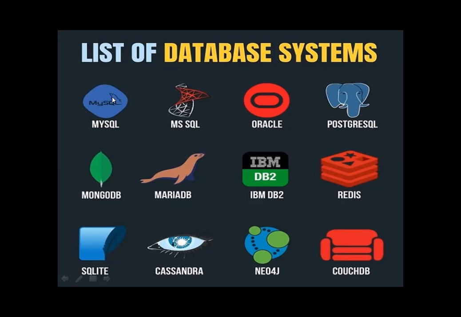And MySQL is more like an easy database language, and you can make an e-commerce website using MySQL, or for that matter MongoDB and SQLite and PostgreSQL. The difference in these databases is the security level.